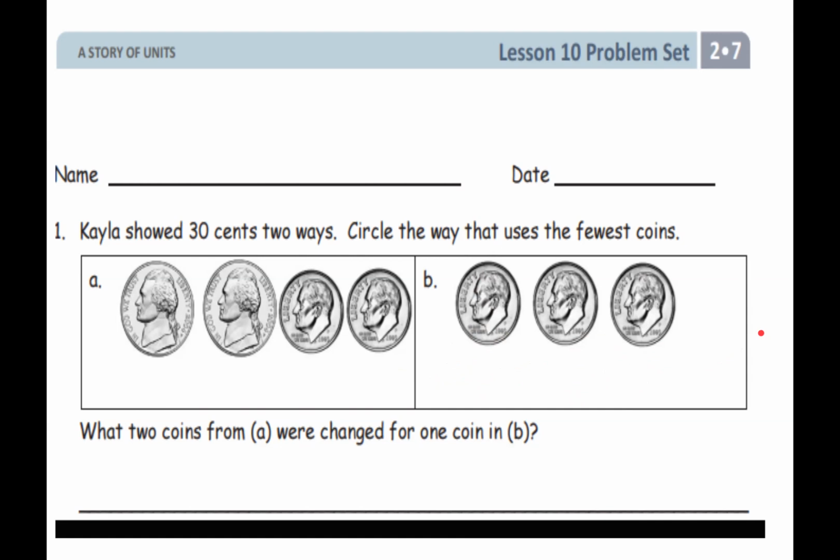So circle the way that uses the fewest coins. Think about what the word fewest means. The fewest coins. Is it A or is it group B?